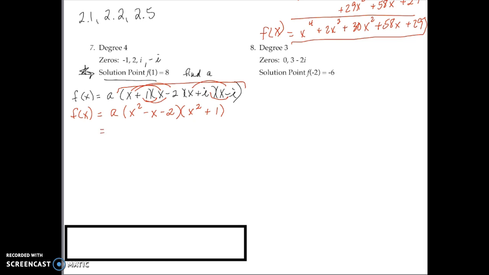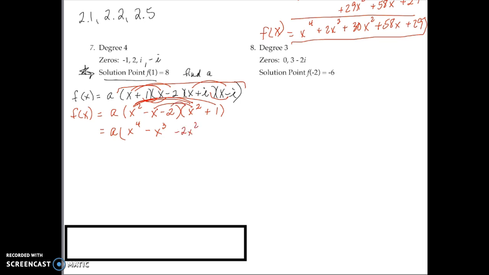Continuing, I'm going to distribute x squared, and so that's x to the 4th plus x squared. And now I will distribute x, and actually I'm going to back up for just a second. All right, so x squared times x squared is x to the 4th. Then I'll distribute the negative x, which gives me minus x cubed, and then distribute the negative 2, minus 2x squared.